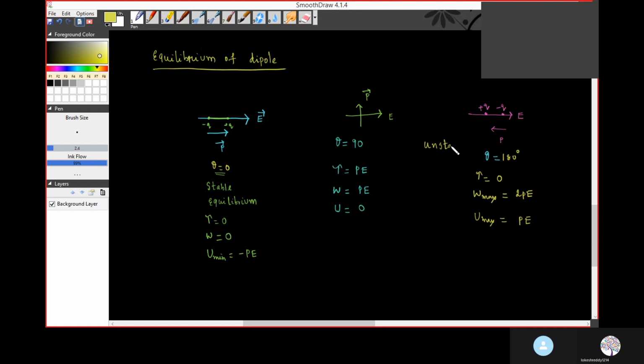Now this we call as unstable equilibrium.